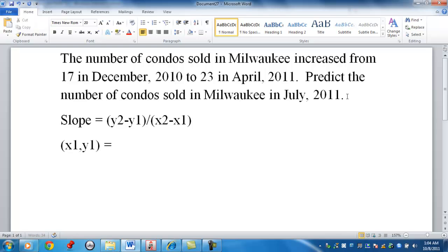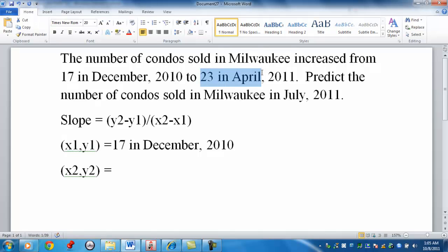For this equation, we're going to translate this for 17 in December 2010. My x2, y2, we're going to make that 23 in April 2011.